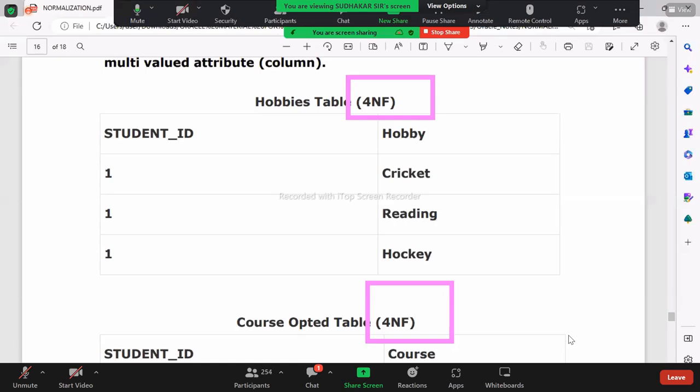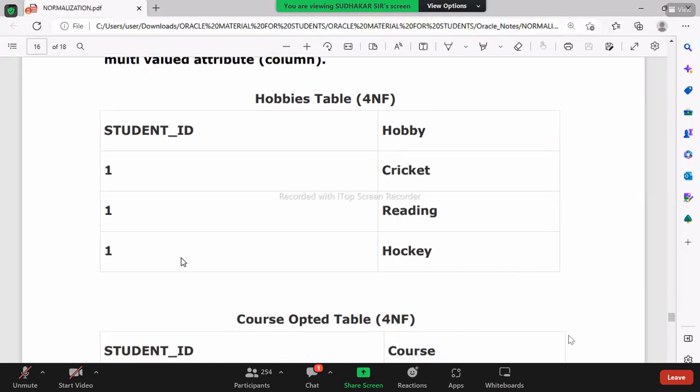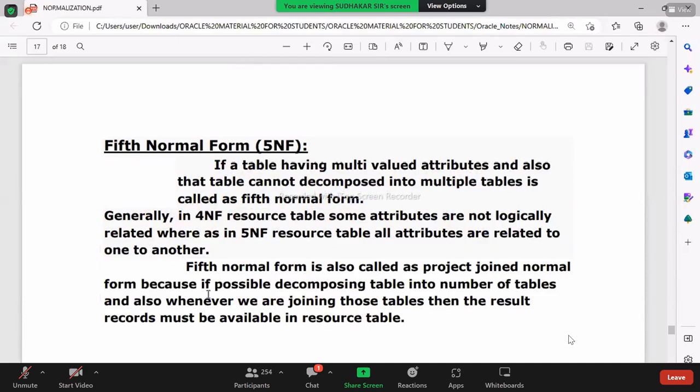This is the 4NF rule. Come to 5NF. What is 5NF telling? If a table has multi-valued attributes, columns or attributes, and also that table cannot be decomposed, decomposed meaning divided or split. Don't split. 5NF is telling, don't split. A table that cannot be split into multiple tables is called fifth normal form.